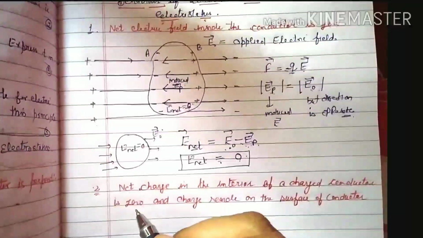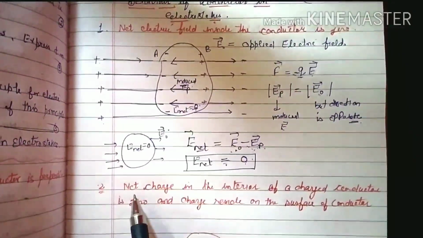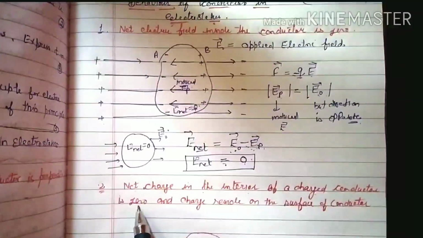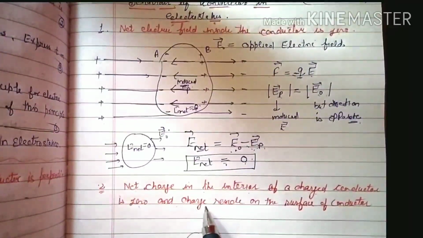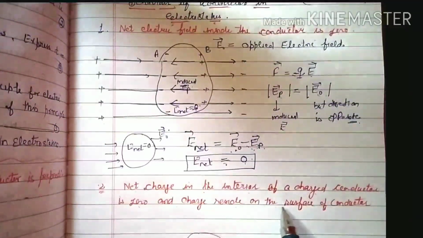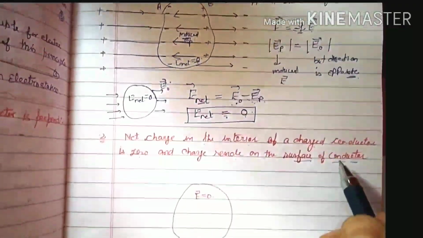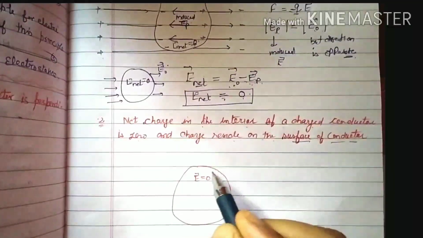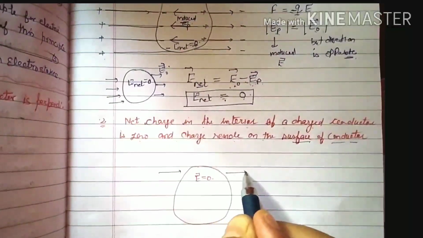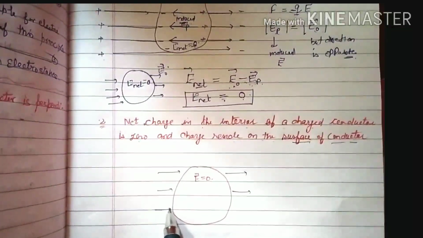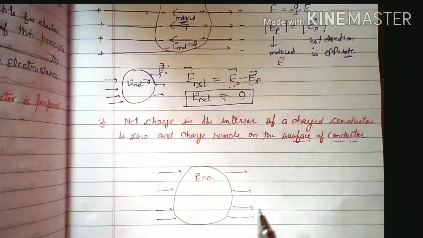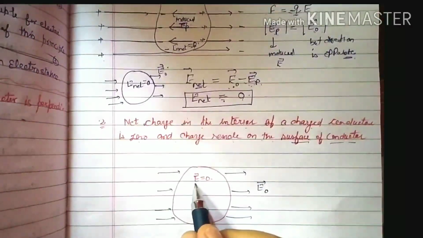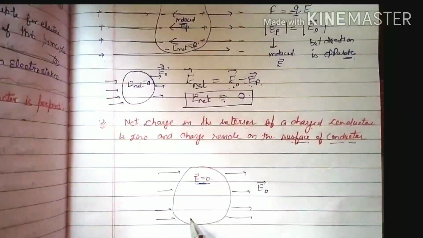Now come to the second point: the net charge in the interior of a charged conductor is 0, and the charge resides on the surface of the conductor. Suppose here we have a conductor placed in the electrostatic field E naught. In the first point we studied that the net electric field inside the conductor is 0.